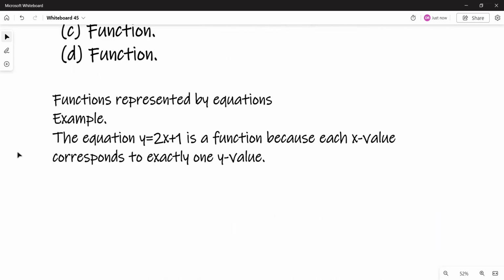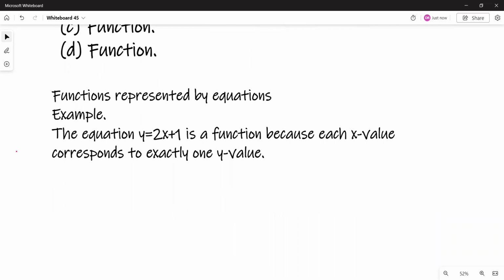On the other hand, x equals y squared, that one is not a function. So this one is not a function, because for the same x, you have different y's.